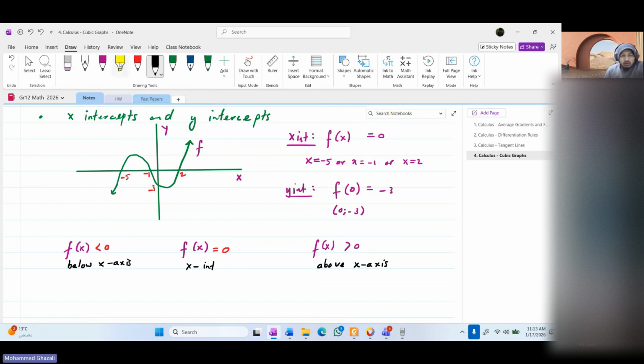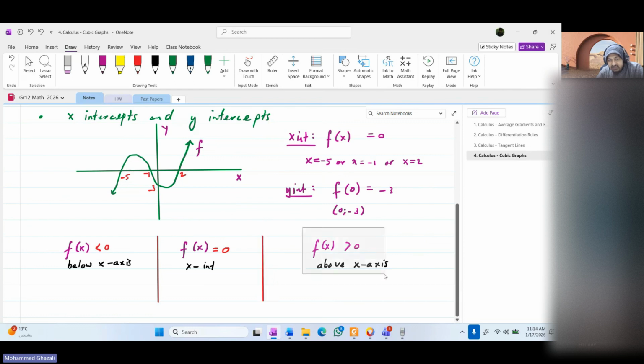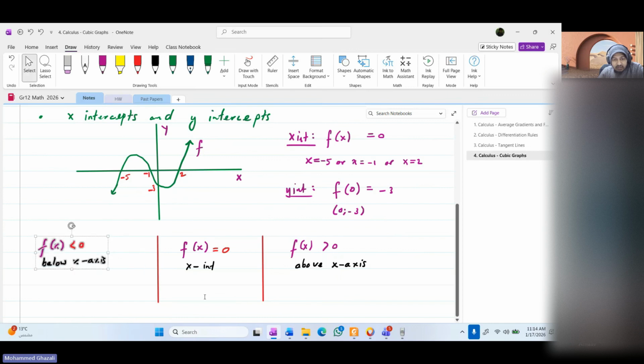Okay, so if we want to solve these, of course we can, because we already have the points. So when is f of x less than 0? They will ask you questions like these, right? So that's why we have to do key features and try to understand from the important points that are given what we can find. So f of x less than 0 means when is the function below the x-axis?